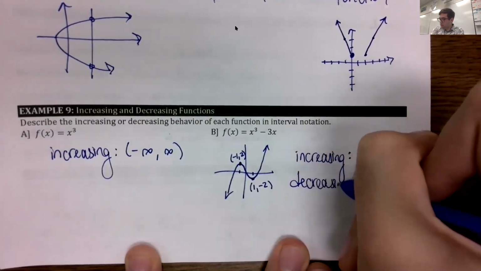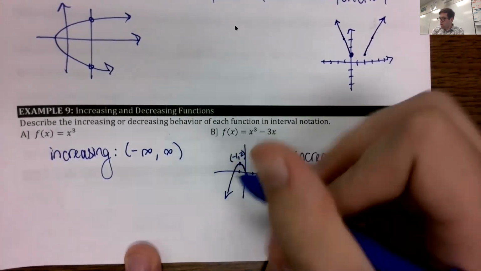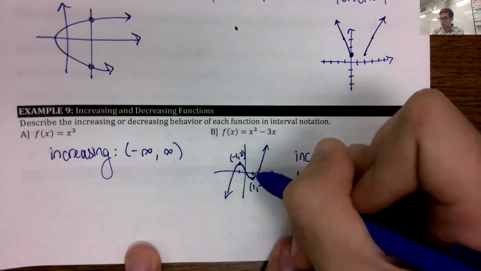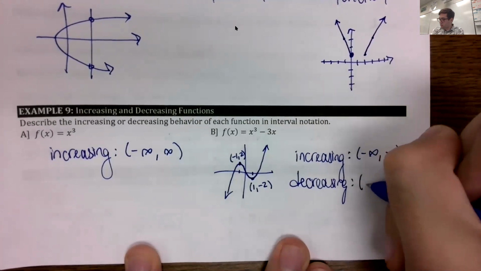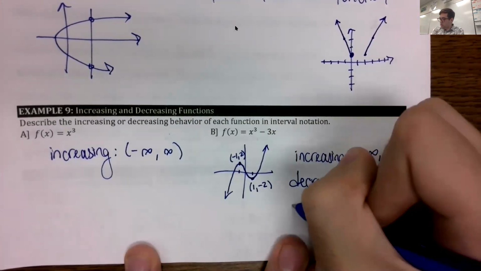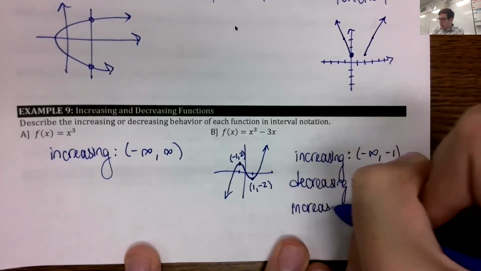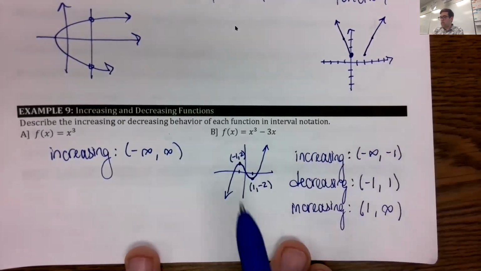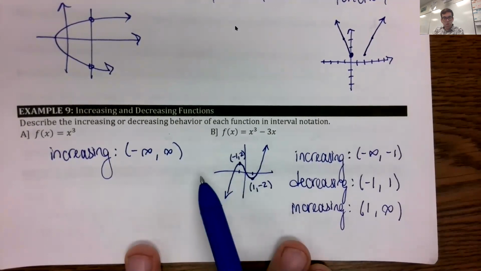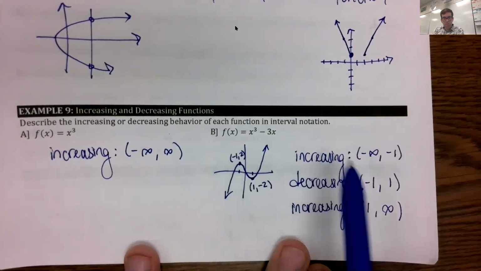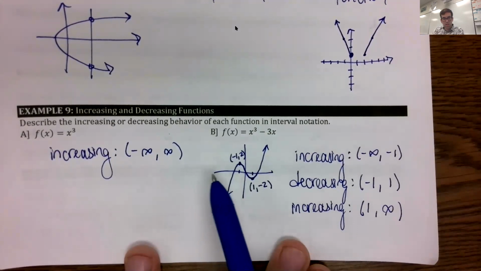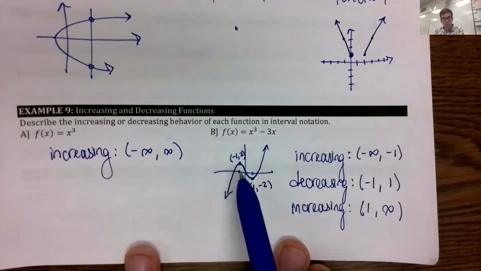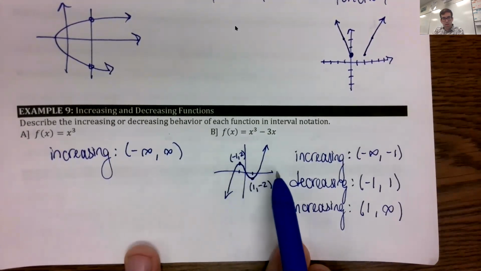Then it is decreasing from an x value of -1 to an x value of 1. And then it starts increasing again after that, from 1 to infinity. All right, so don't get tricked by these y values here. We're only worried about the x values for increasing and decreasing. So it's increasing until -1, it switches to decreasing until 1, and then it's increasing again.